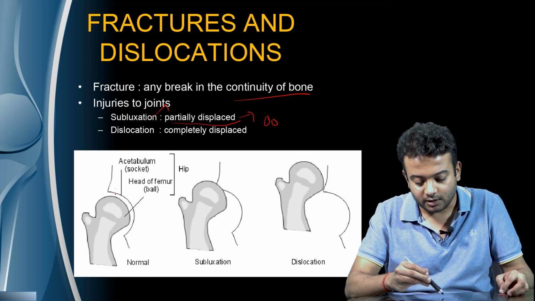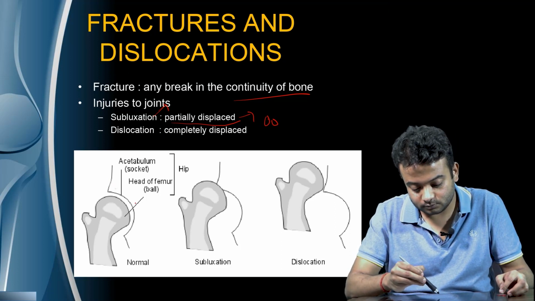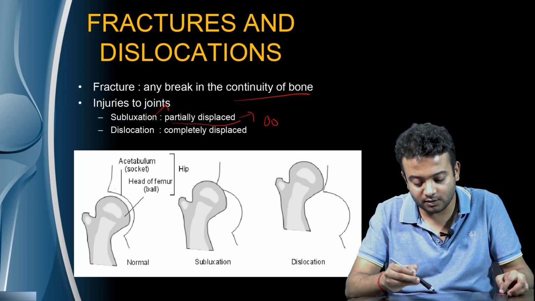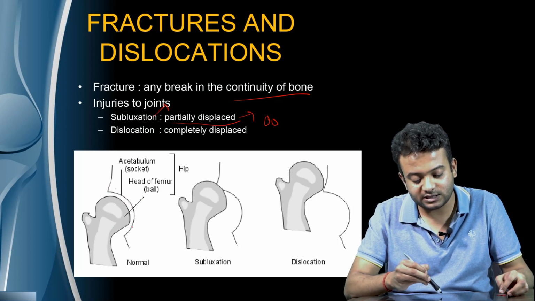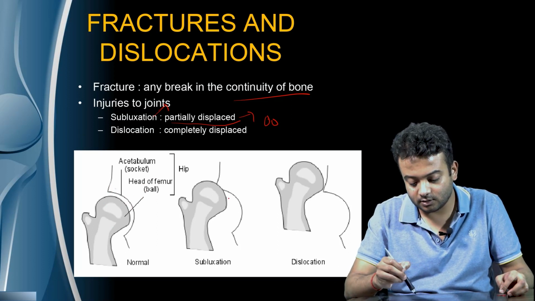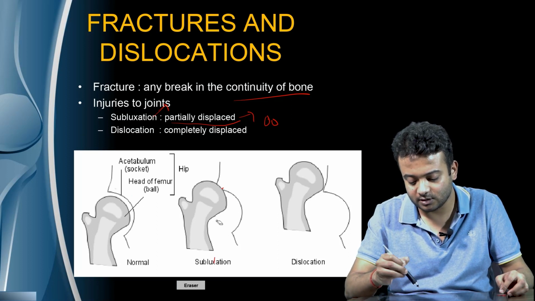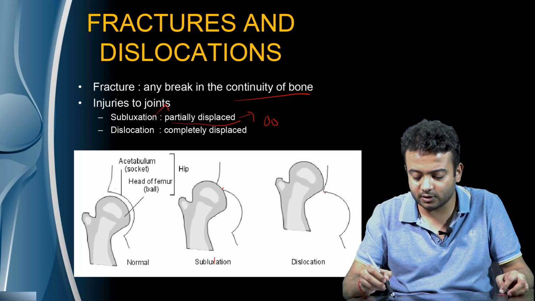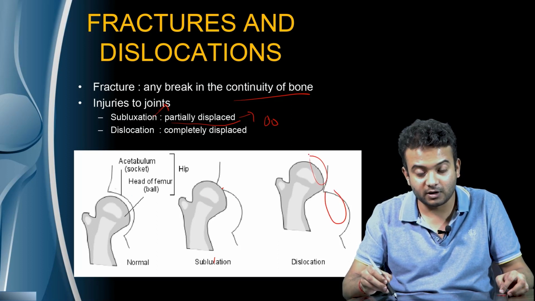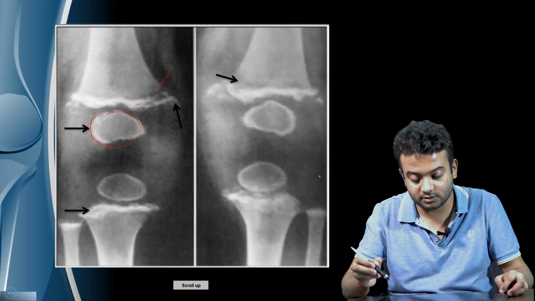So here is a schematic diagram of the right hip joint, in which the head of the femur, in the form of a ball, fits into the acetabular socket. If it has any point of contact with the socket, then it's referred to as a subluxation. But if there is no point of contact between the socket and the femoral head, then it is referred to as dislocation.